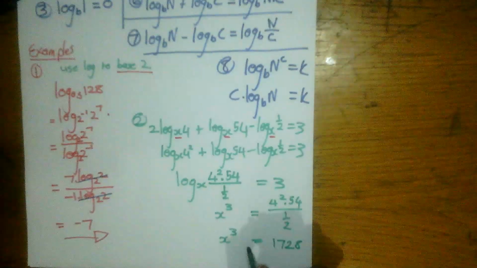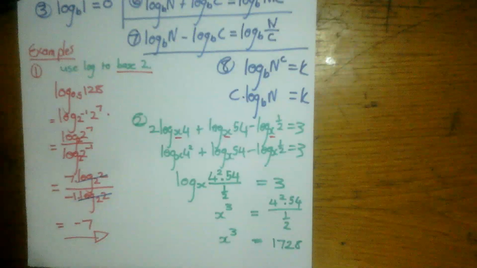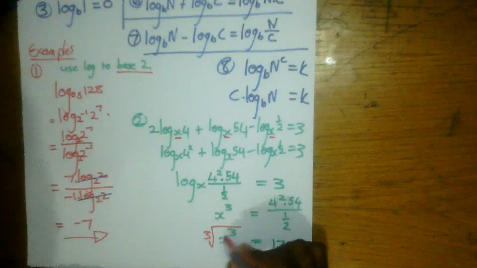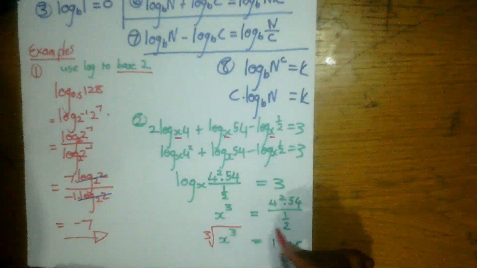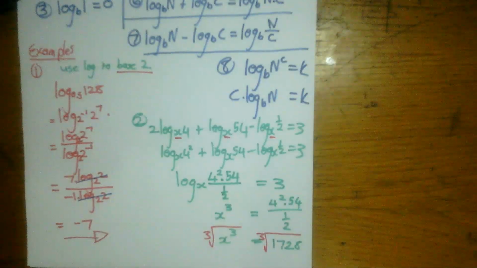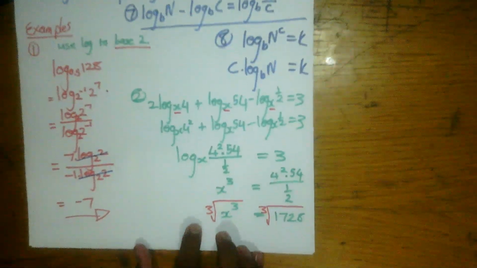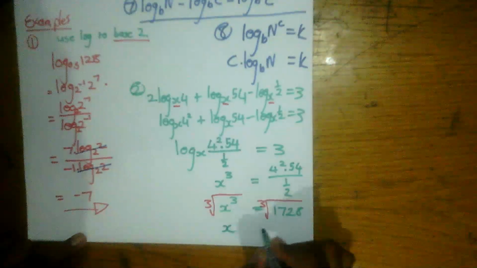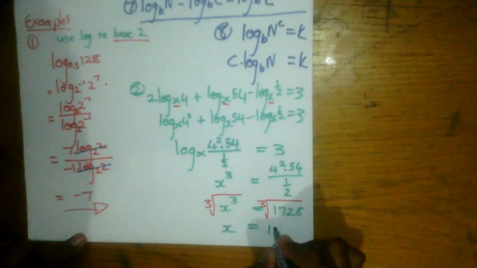So x cubed equals 1728. Now all we do is the cube root. We have to cube root this to get x alone and to remove the power 3. And the answer will then be 12.